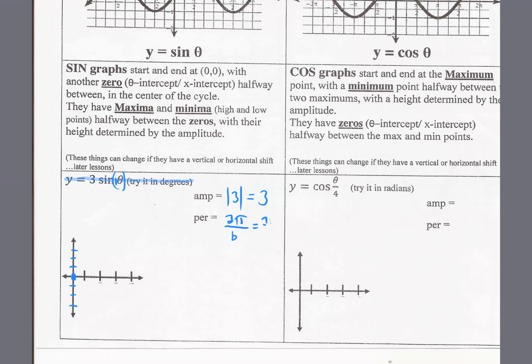Amplitude is the absolute value of A. The period is 2 pi over b, and make sure b is a positive number. Here our b is 1, so the period is 2 pi. These are going to be points on the final. Just be able to state the amplitude and the period. You should be able to quickly determine both of those things just from looking at the function.